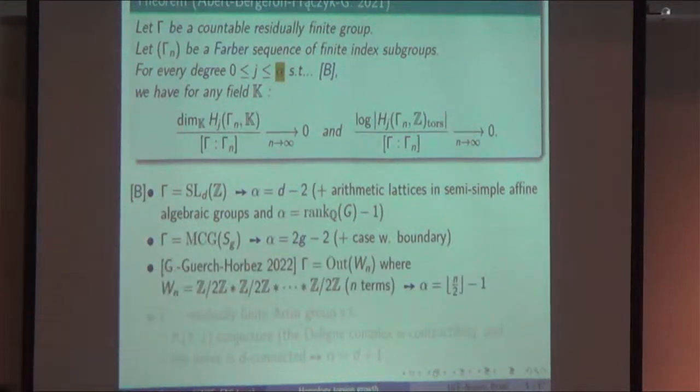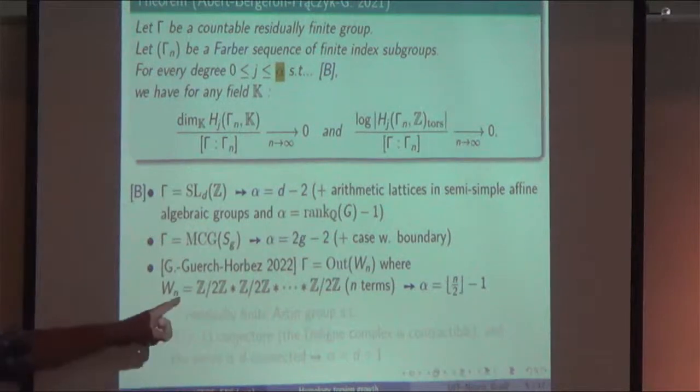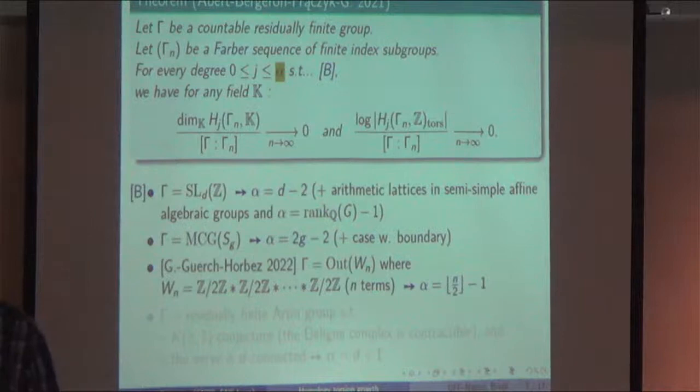With Yacine Gersh and Camille Orbet, we found that for the group Out(W_n), which is the group of outer automorphisms of the free product of n copies of Z over 2Z, alpha equals n over 2 minus 1.